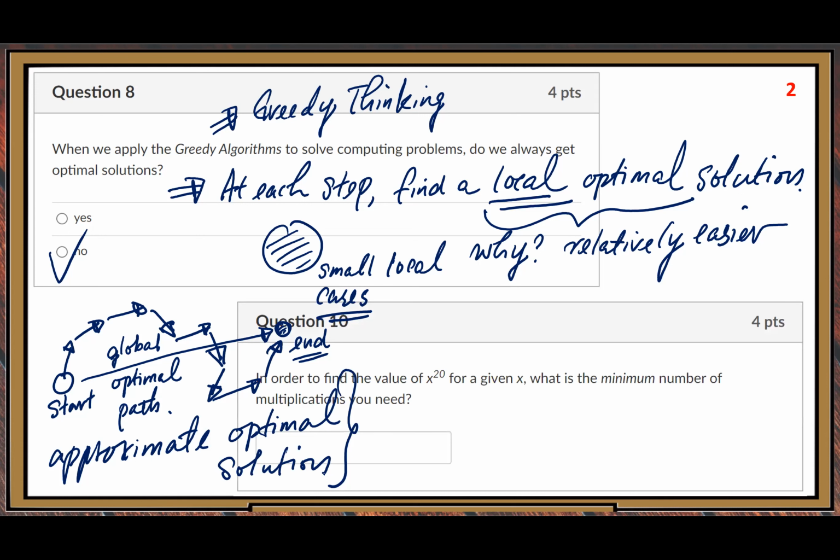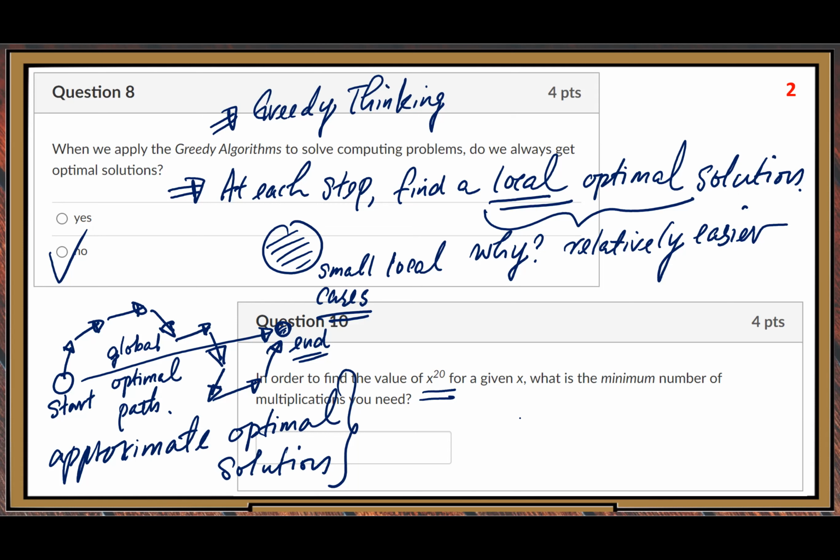Next one. This one actually is not hard. I give you the exponent number 20, not too difficult.